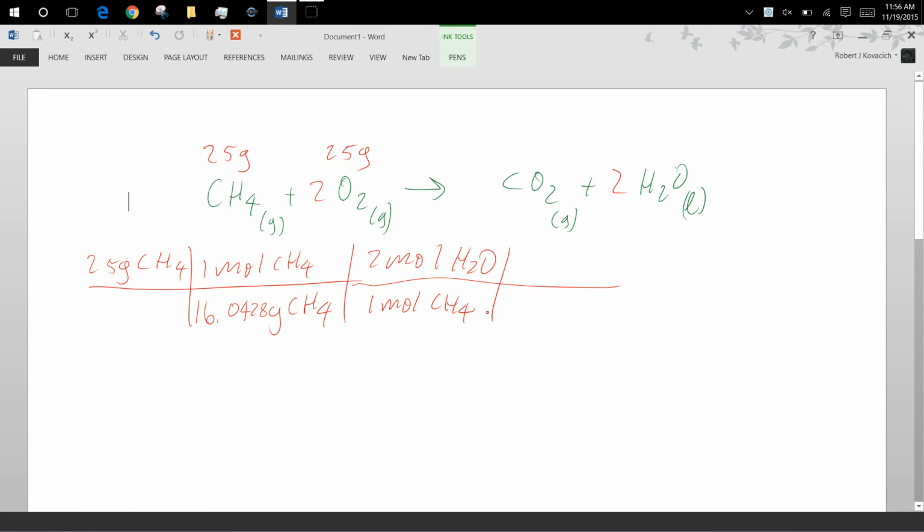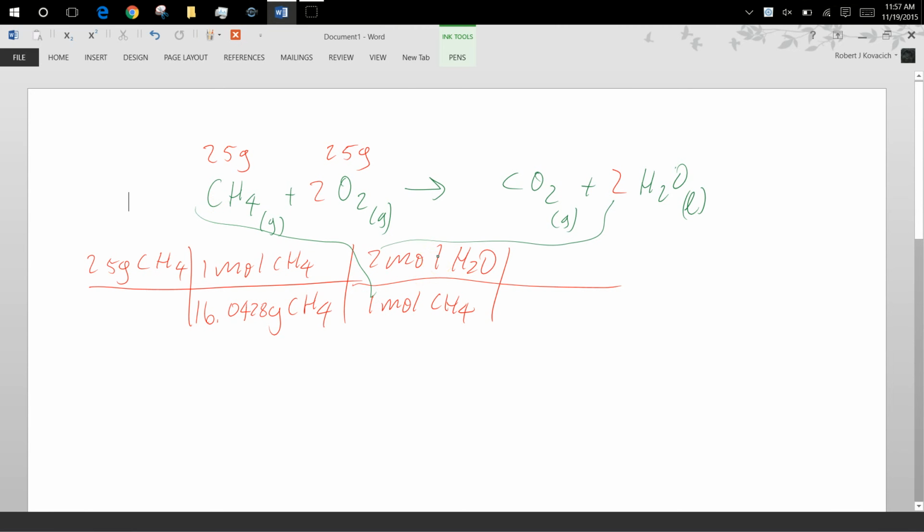What this next step says is, for every this number of moles of methane, I get to make this number of moles of water. Since it's a 1 to 2 ratio, that's where this 1 and this 2 came from.